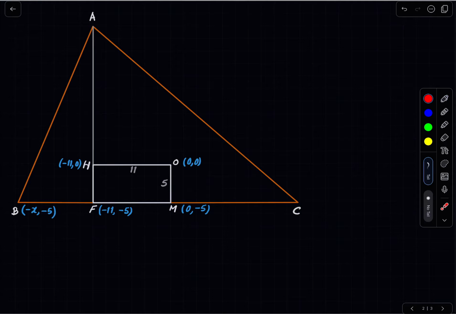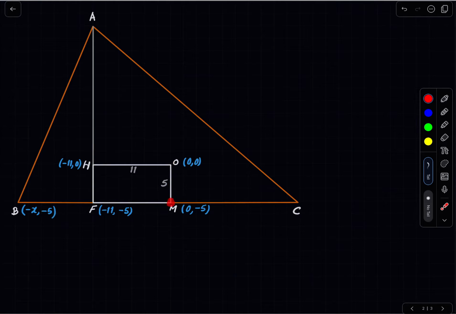So this length, that is what we are calling x. But since we are going towards the left of the origin, the coordinate will be minus x. We don't know x, and therefore we have chosen a symbol for it. And of course, the y coordinate of B will be minus 5 because we are descending down by 5 units.